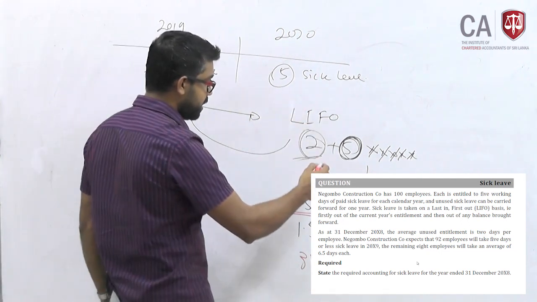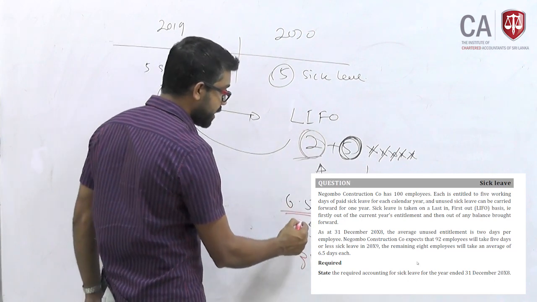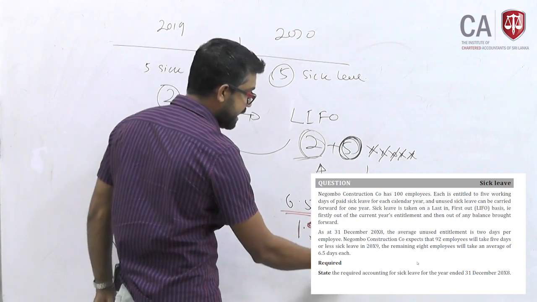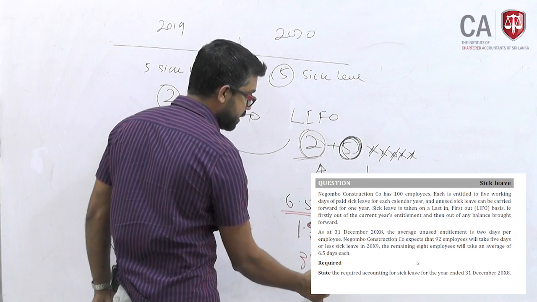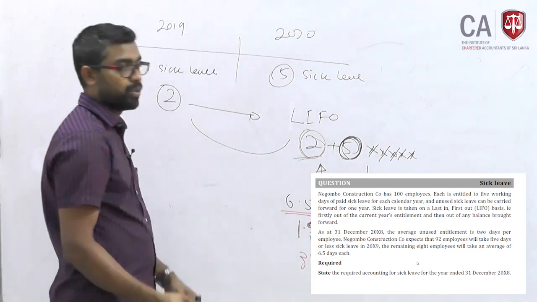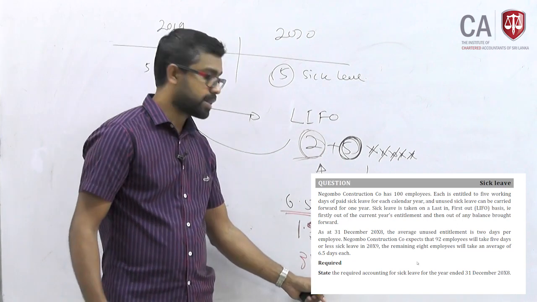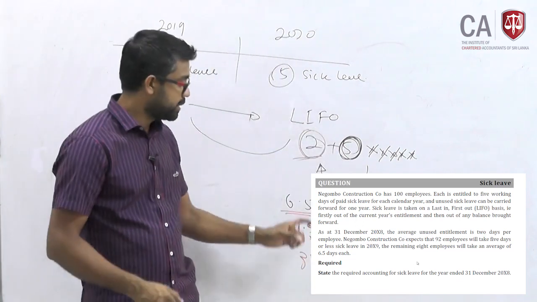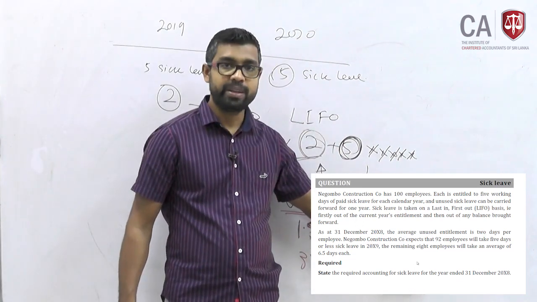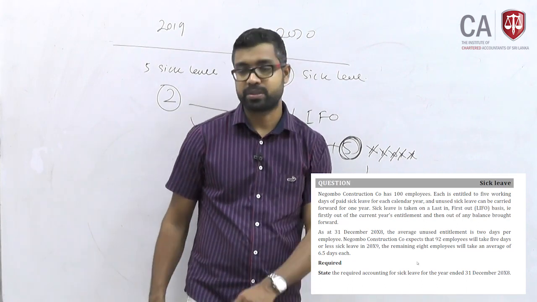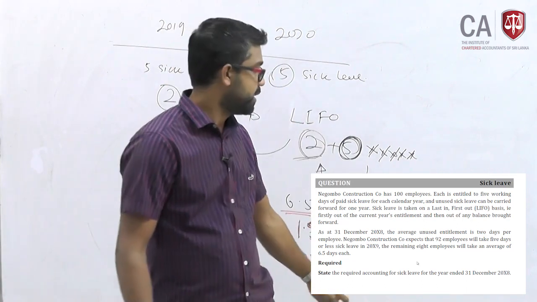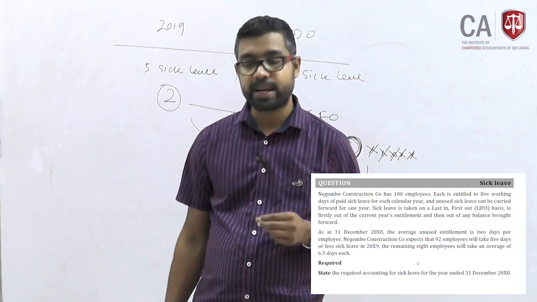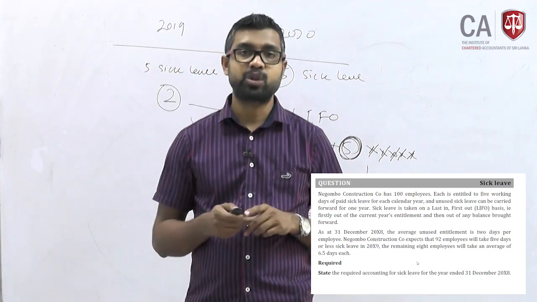Which means even from carried forward leaves you require only 1.5 days for 8 employees. 1.5 into 8 is 12, so only 12 days you will account for as accrued sick leave at 31st December 2018. 12 days into per day cost. Per day cost has not been given, but if you have that, 12 days into per day cost will be the cost that you should recognize at the end of 31st December 2018.